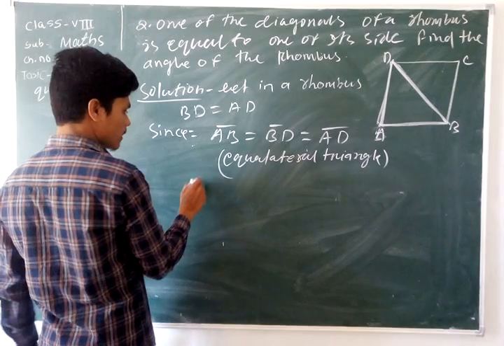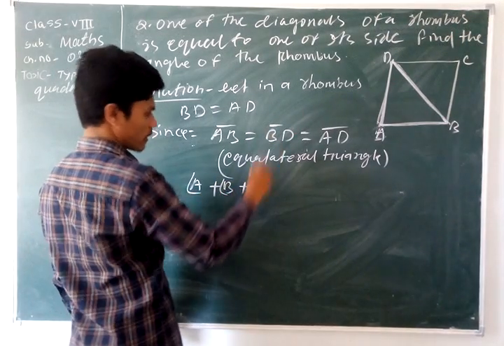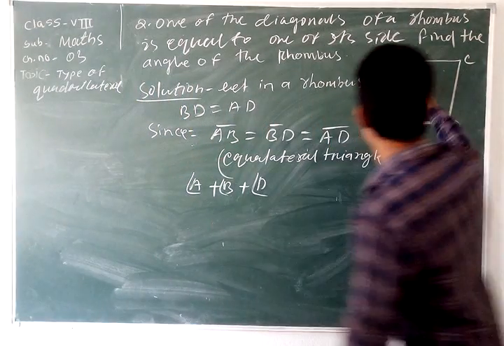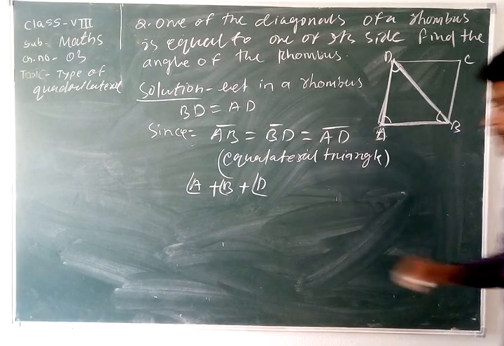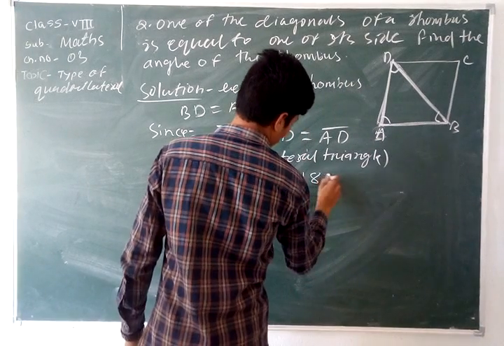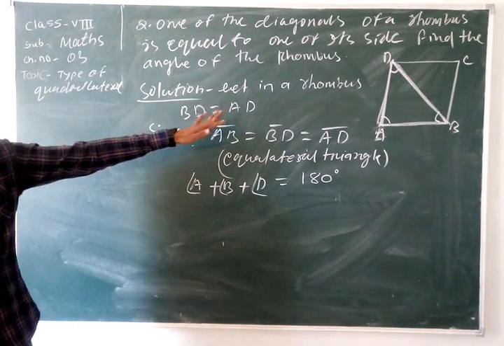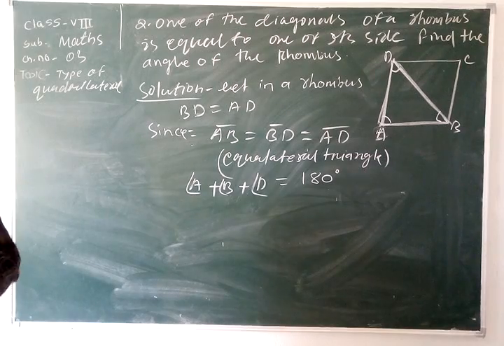That's why, see here, angle A plus angle B plus angle D of the triangle equal to what? 180 degree. Clear? Then in an equilateral triangle, each angle equal to how much?